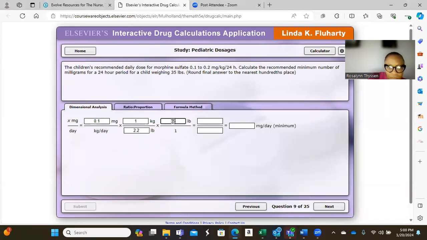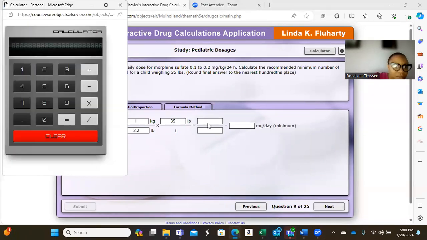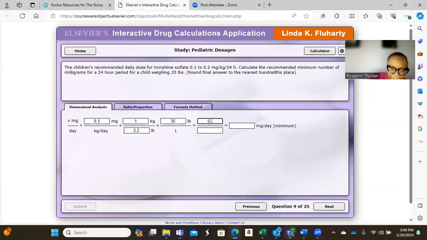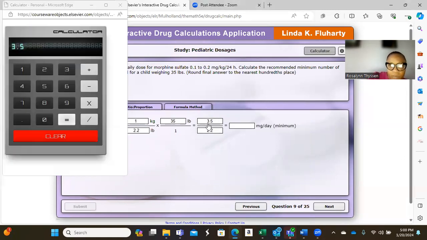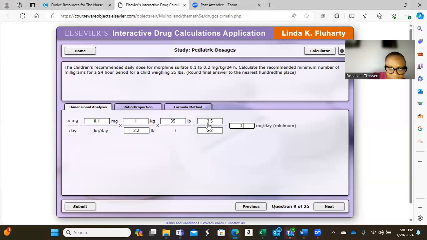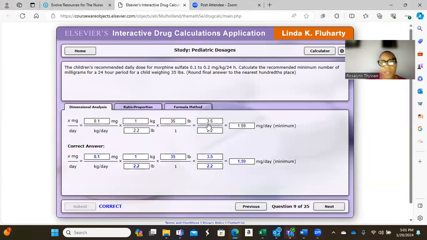So that is 0.1 times 35, that's 3.5, divided by that 2.2. 3.5 divided by 2.2 is 1.59. 1.59 milligrams per day. The minimum dose.